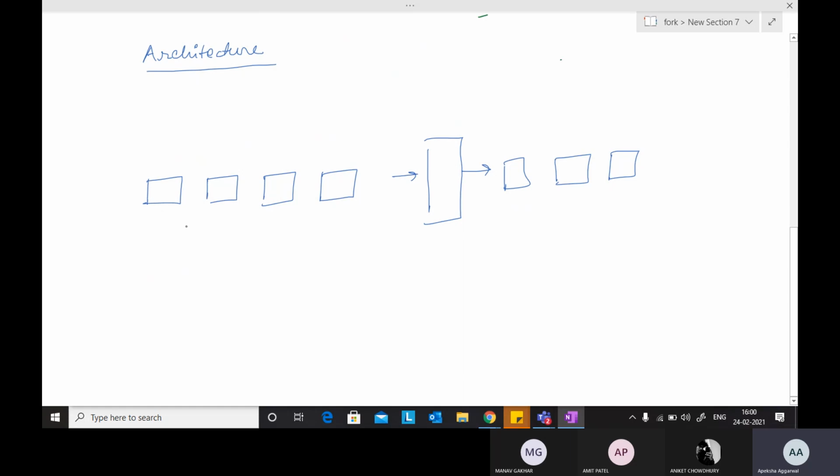Suppose I'm inputting an English sentence, how are you, and it is translated to Hindi, which might have 4, 5, 6 words, multiple words. So varying length input sequences can be processed.